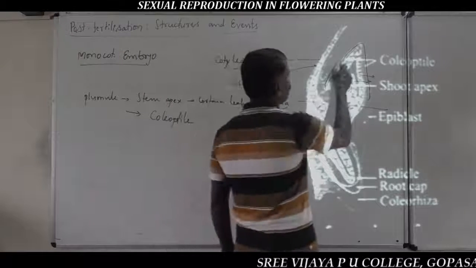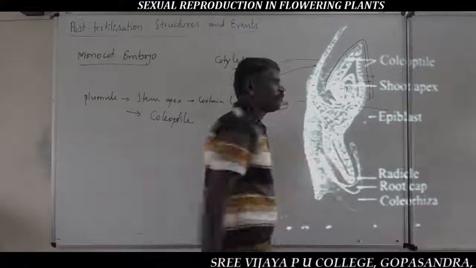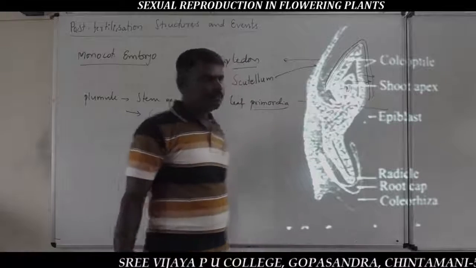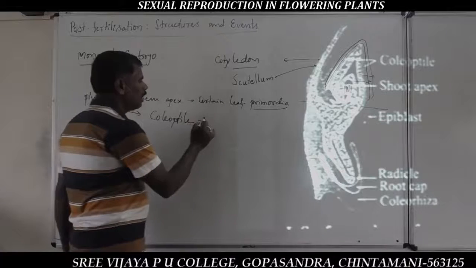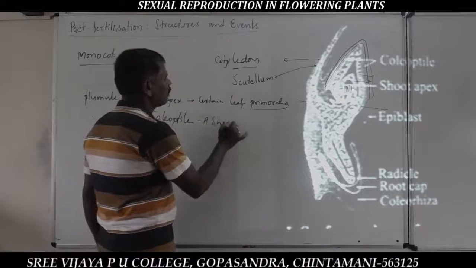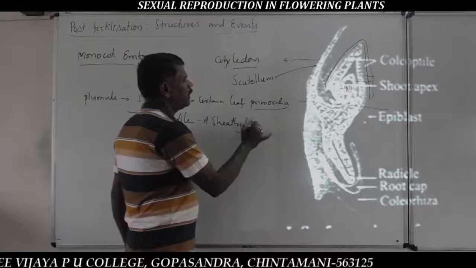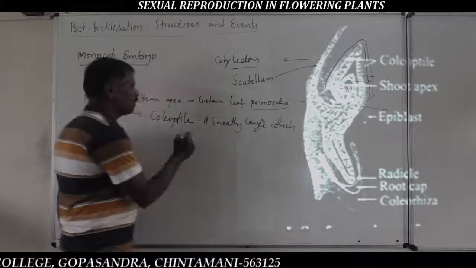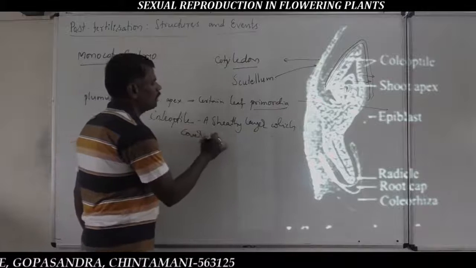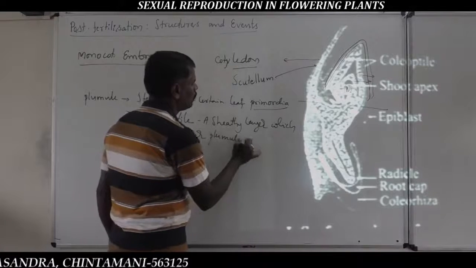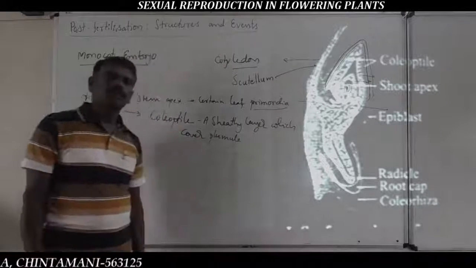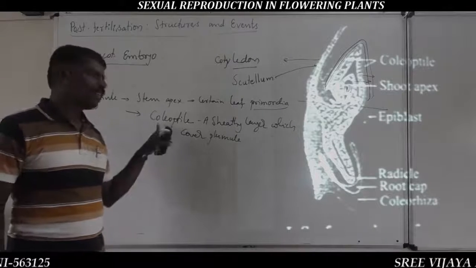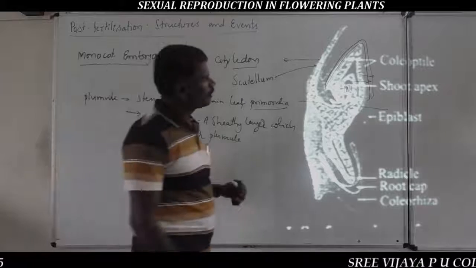It is covered with a layer, which we call the coleoptile. The coleoptile is nothing but a sheathy layer which completely covers the plumule part.